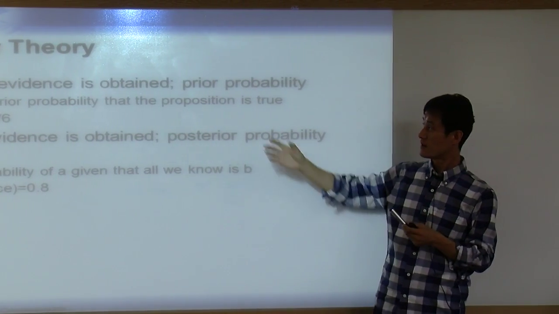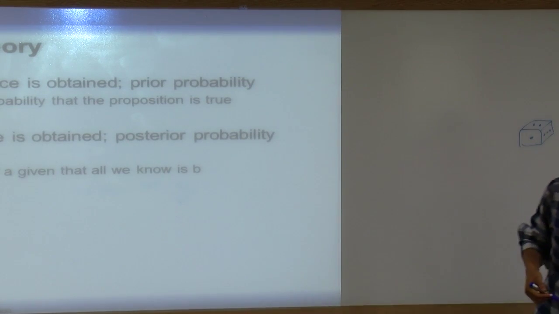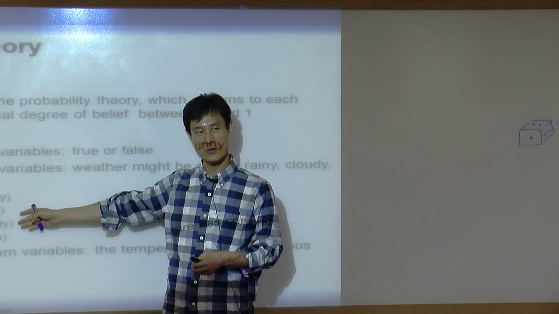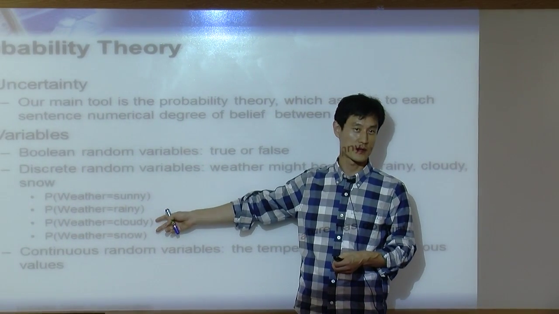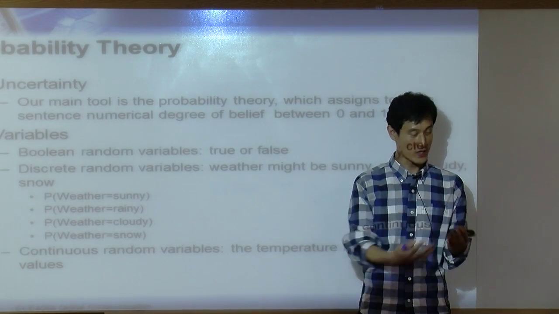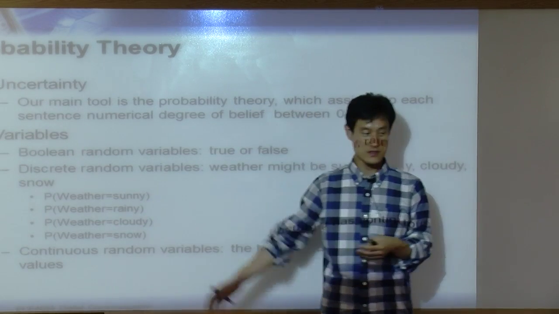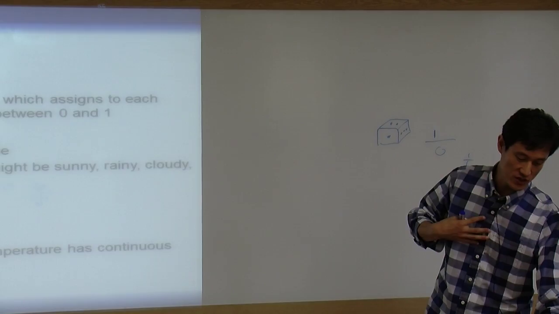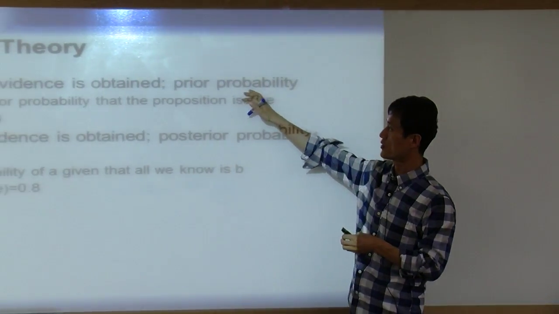And what about this? Is this prior or posterior probability? This is a prior probability because we already know that. Because we can count it. So all of these things are prior probability. Based on a certain knowledge, we can calculate the probability. So that's the prior probability.